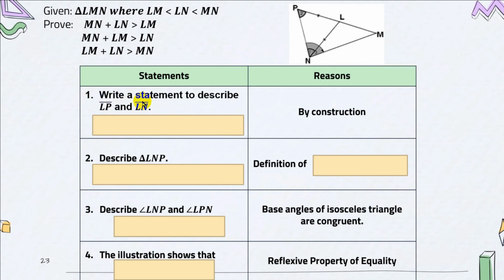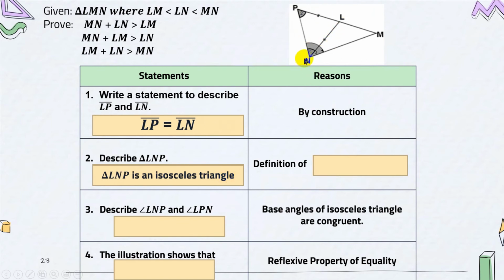Now let's prove the last one, that side LM plus side LN is greater than side MN. First, write a statement to describe LP and LN. Again, they are congruent: LP is equal to LN, or LP is congruent to LN, by construction. Since we have two congruent sides, we can form an isosceles triangle.